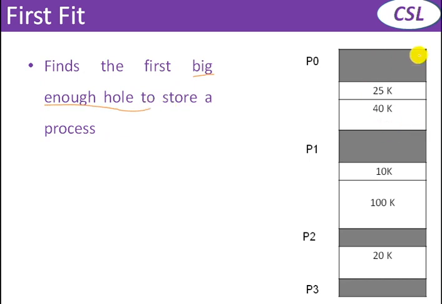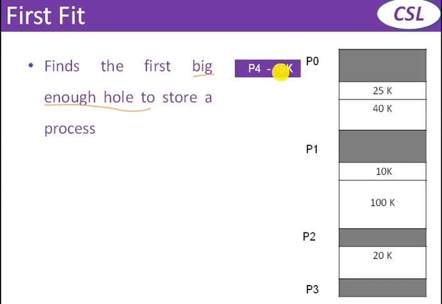Here is a memory structure. On this, P0, P1, P2, P3 are already allocated, and 25K, 40K, 10K, 100K and 20K are empty partitions. With this structure, we have a request P4 whose size is 15K.